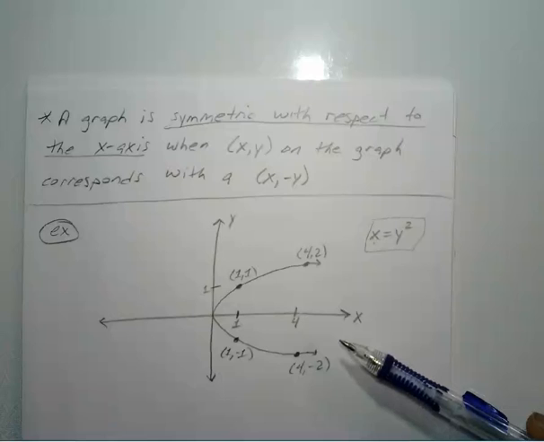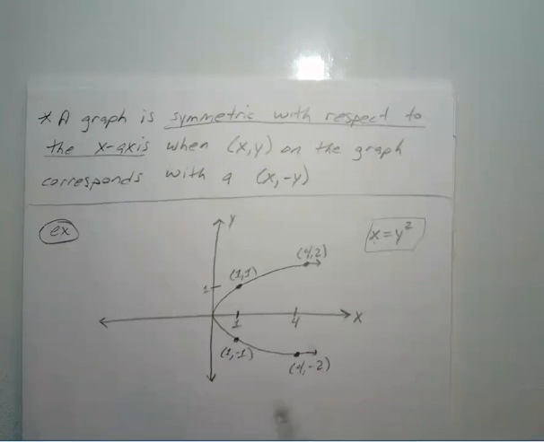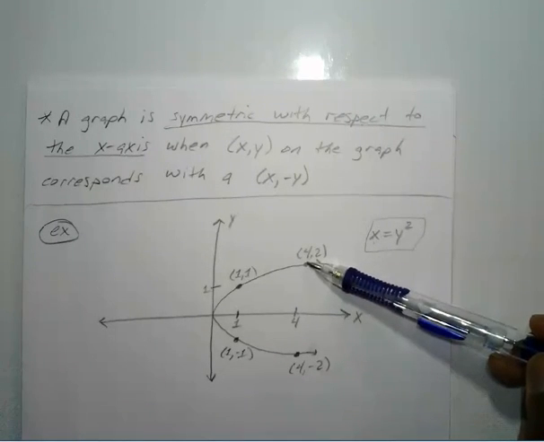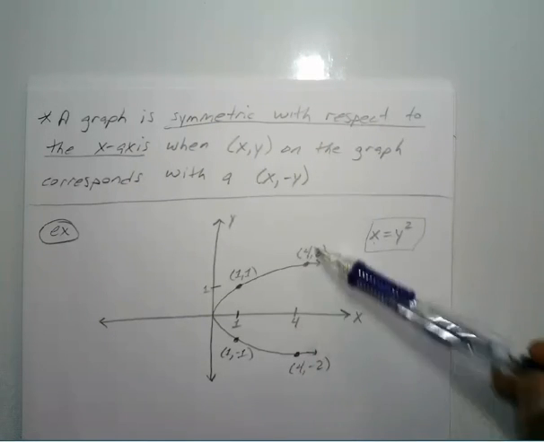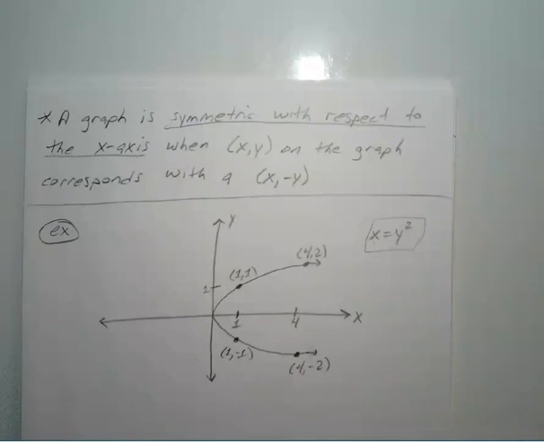Remember, for a graph to be identified as a function, each x value can only have one y value. And here, x equals 4 has a y value of 2 and negative 2. So it is not a function. We're going to find out next how to find odd and even functions using this idea.